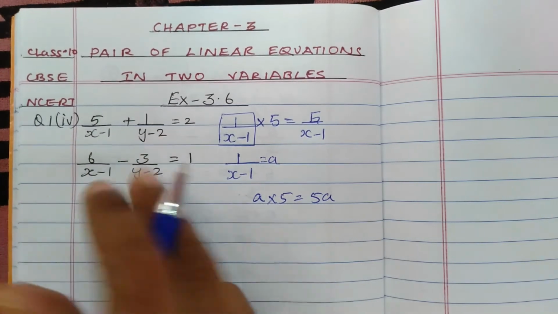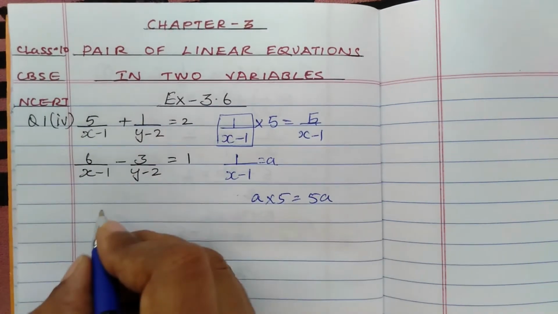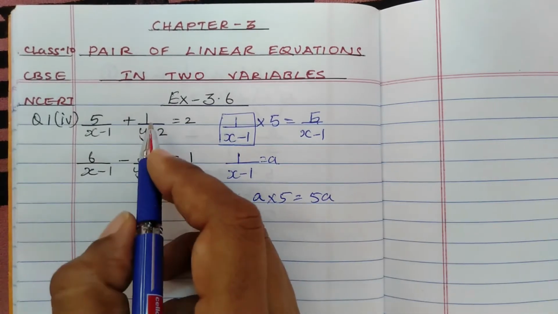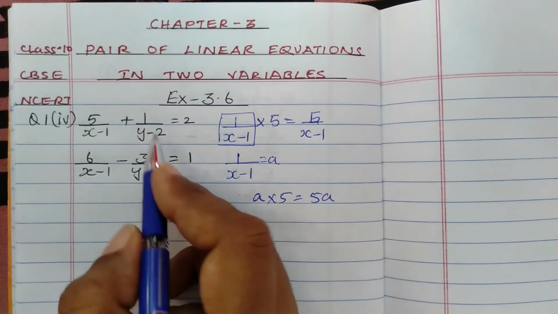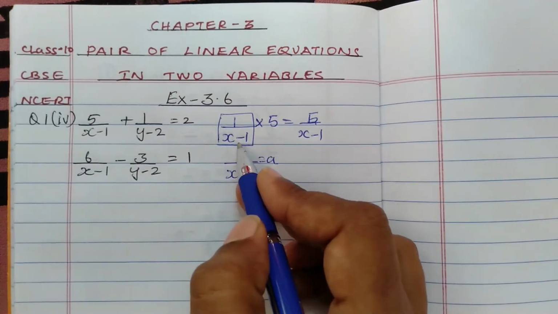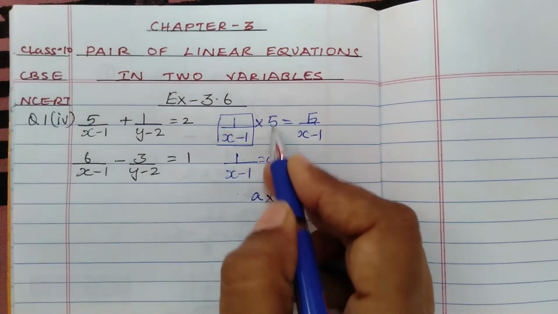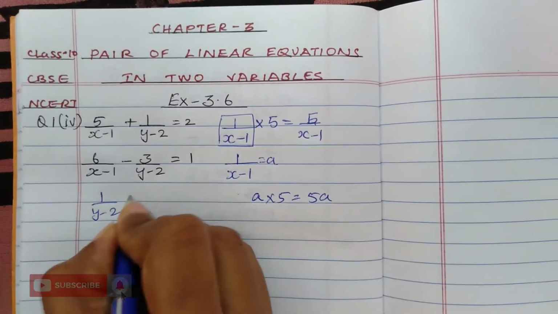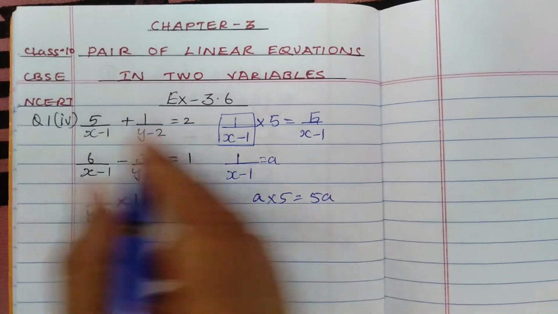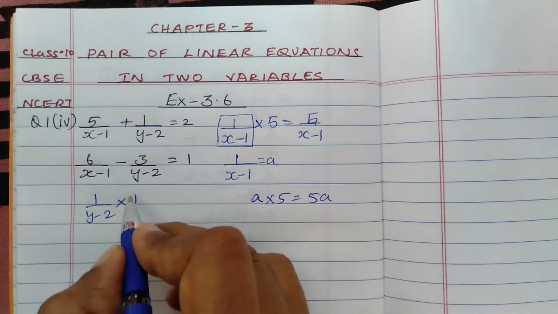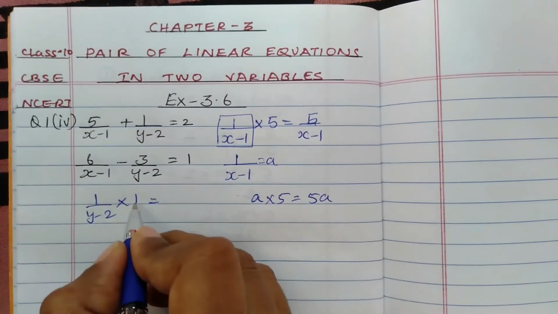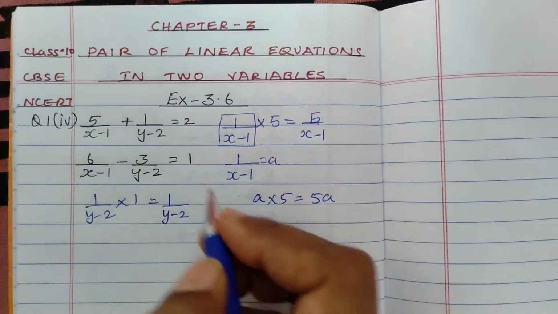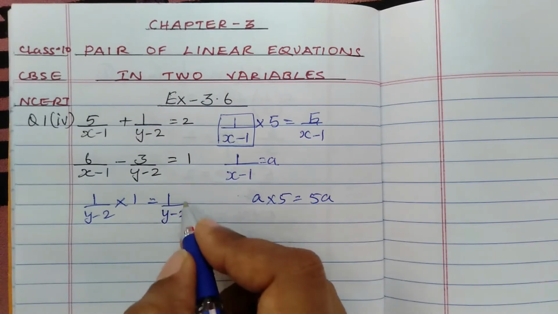Now let's go to the second term. If you see here, your coefficient is 1. So if you split it as 1 by y minus 2 into 1, it gives you the same answer, right? 1 is your coefficient. As we have written 5 over here, we have written 1 here. So 1 into 1 is 1 by y minus 2. You got the same term here. So now it's easier for us.